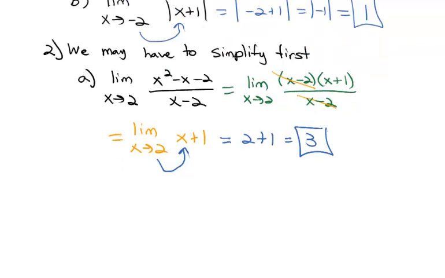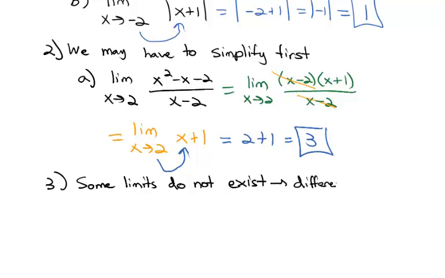However, this doesn't always work. Sometimes the limits don't exist. Some limits do not exist. And one way that happens is if we have a different value on each side.